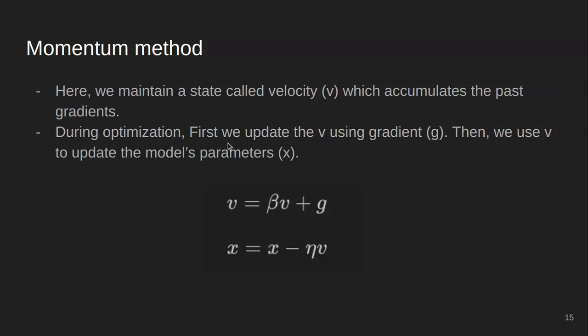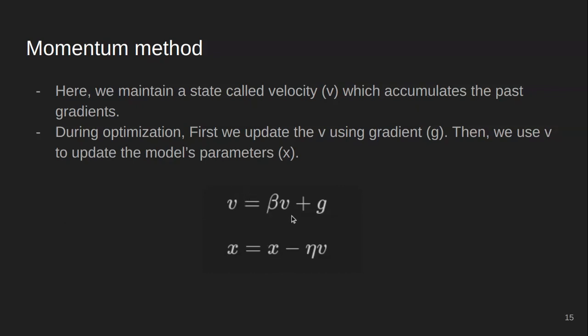During optimization, first we update v using the gradient from backpropagation. Then we use v to update the model's parameters, like in simple SGD, where this is the learning rate. The difference is that instead of updating using g, we update using v, where v is from the previous time step.